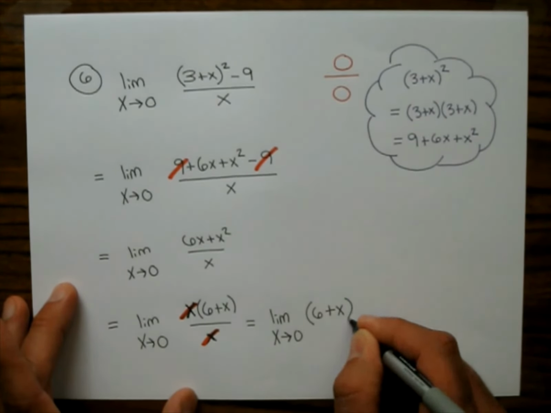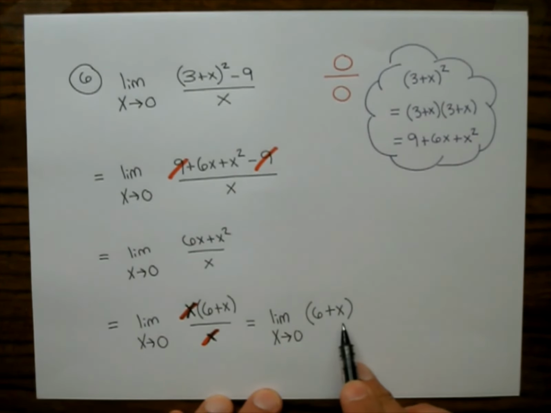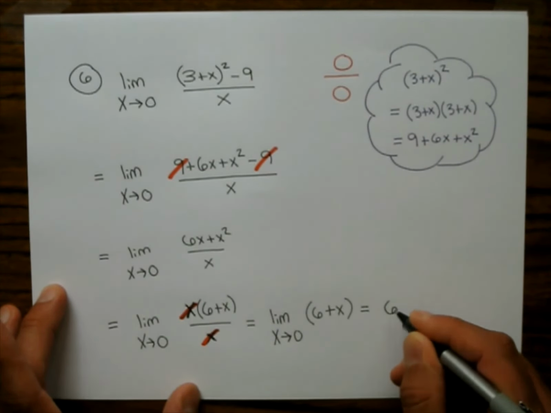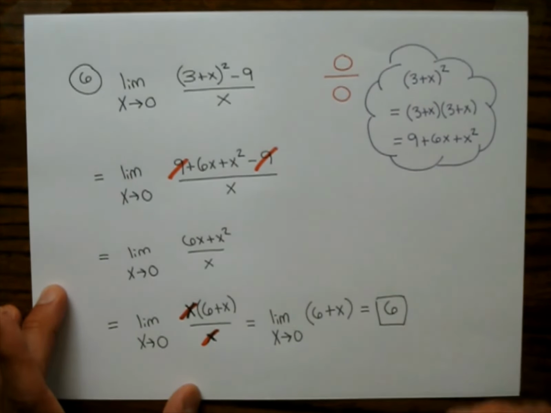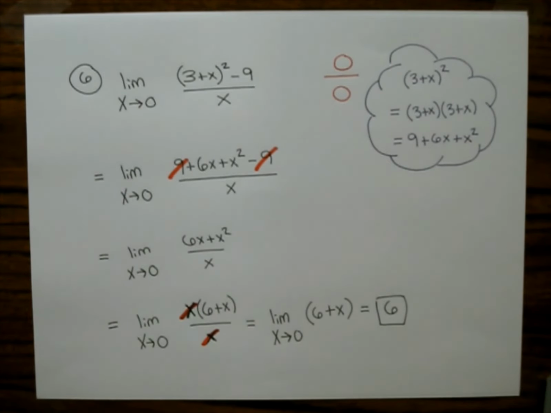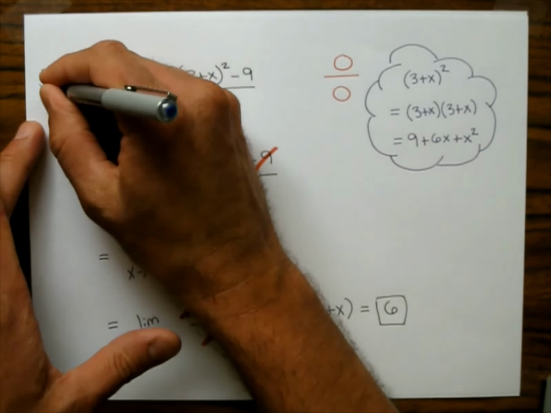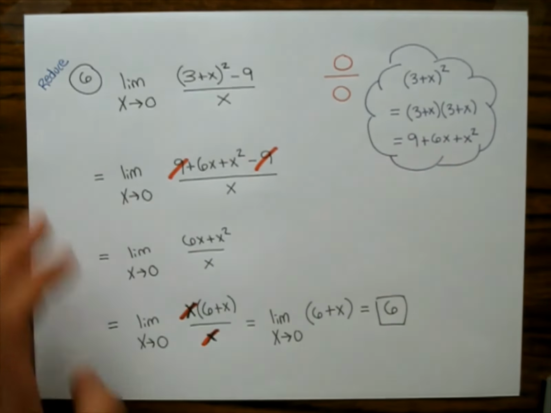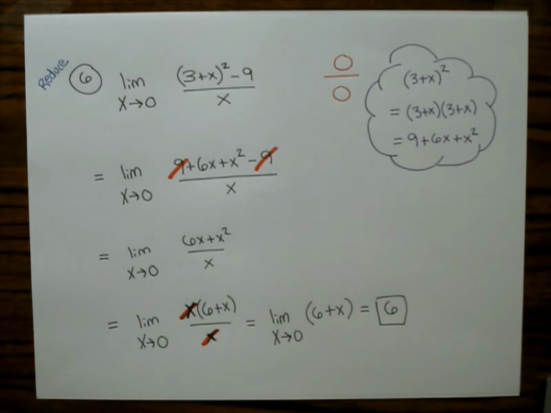So all I have to do is do a substitution, replace the x with a 0, and I end up getting 6 for the answer. There we have it. And so I would say that this one was also a reduce before we sub, just like the last one. So that is the answer.